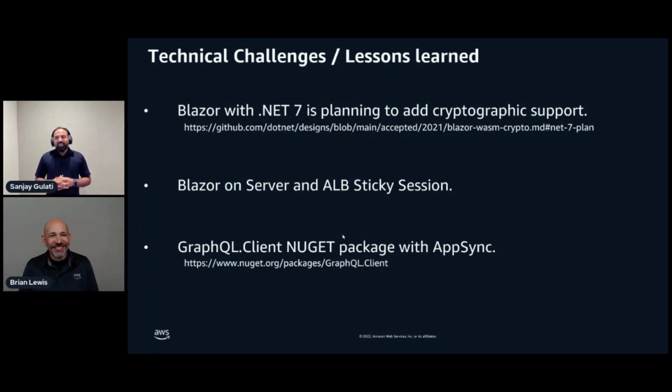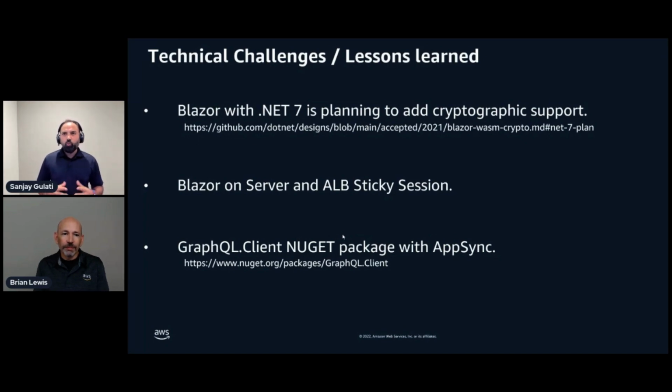Right. Yeah, and also I think the other challenge, or I would say this was more of a lesson learned, right, is that when we started looking at AppSync, as we mentioned, we have a lot of SDKs that allow you to connect to AWS services. We also do have an AWS SDK for AppSync, but currently it does not support GraphQL, right?